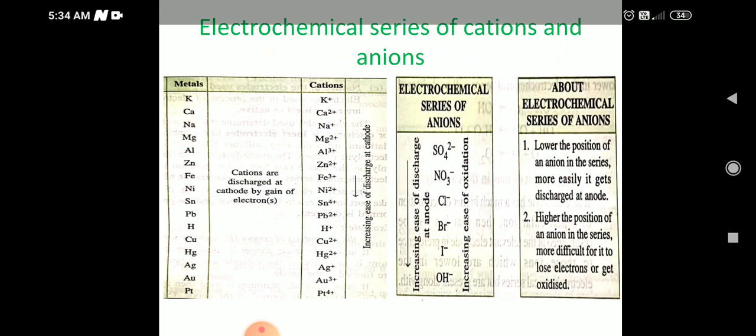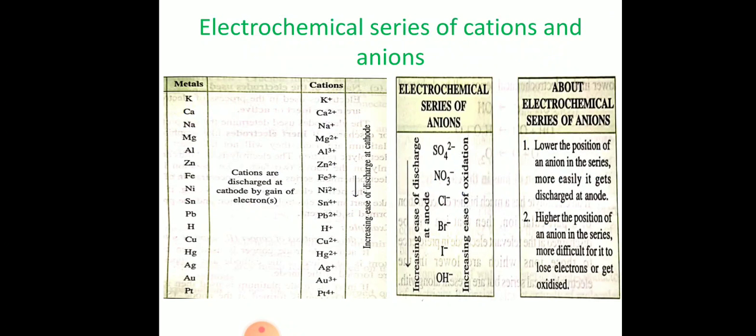Okay. Now, we see the table. Electrochemical series of cations and anions. On the left hand side, we have arranged the metals according to their decreasing order of reactivity, starting with potassium, calcium, sodium, magnesium, aluminum, zinc, iron, nickel, tin, lead, hydrogen, copper, mercury, silver, gold, and platinum.